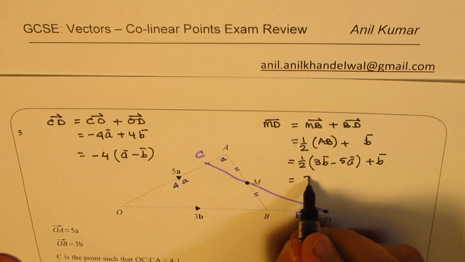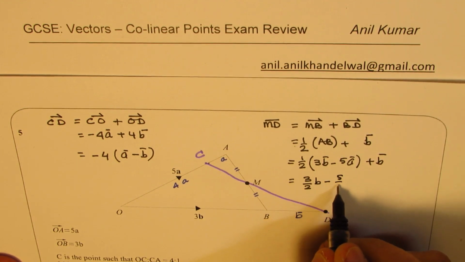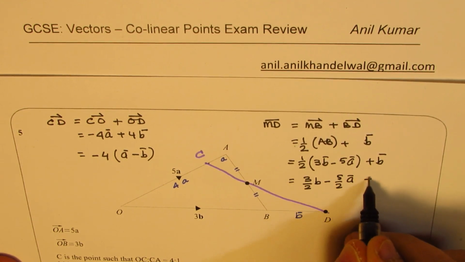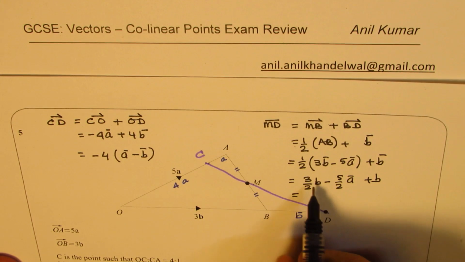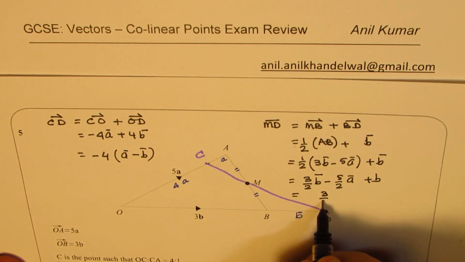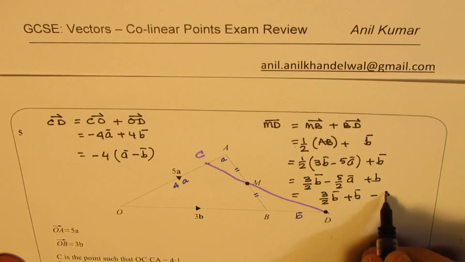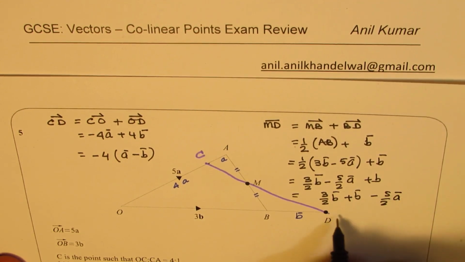So we have 3 over 2 B minus 5 over 2 A plus B. Combining the terms with vector B, we get 3 over 2 B plus vector B minus 5 over 2 A. Now 3 over 2 plus 1, that means 2 plus 3, 5.